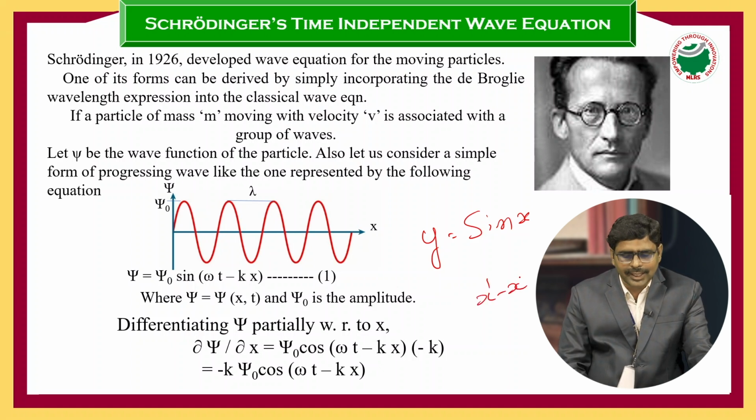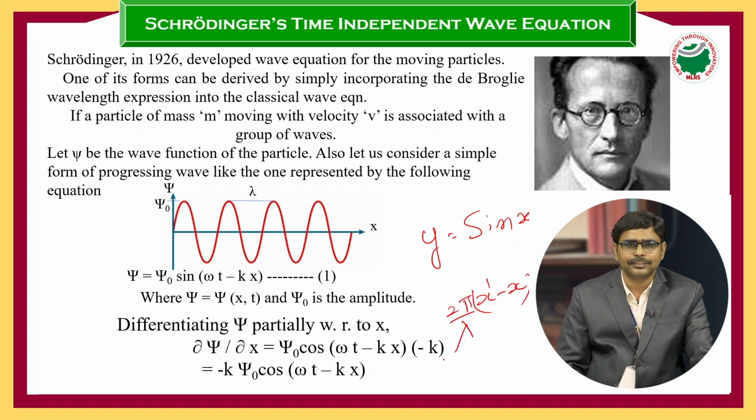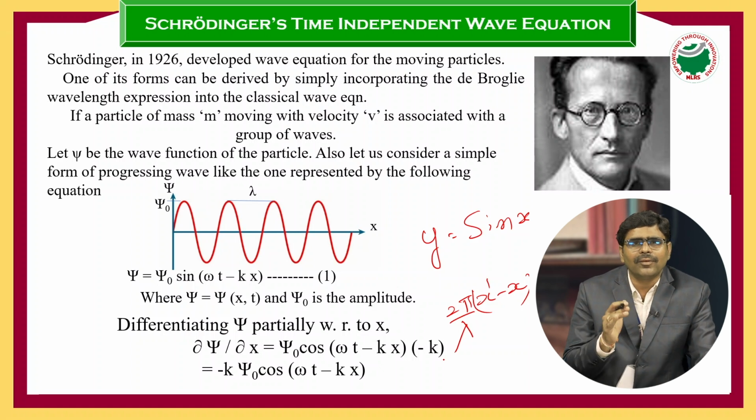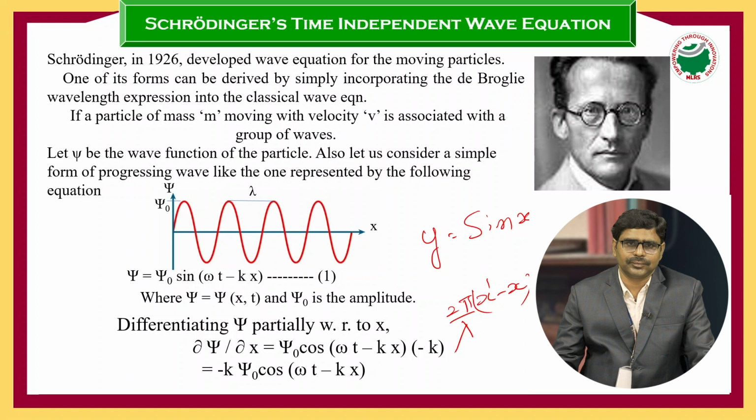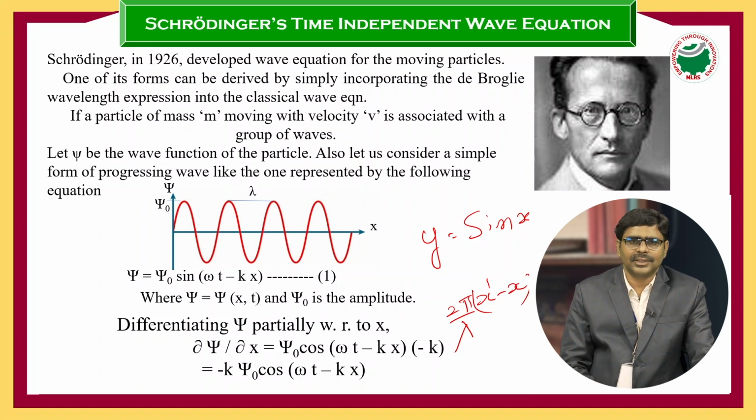Here the wave goes with the factor 2 pi by lambda. Lambda is the wavelength, and it should be constant throughout the wave. There is no variable for this wavelength. It is a constant.